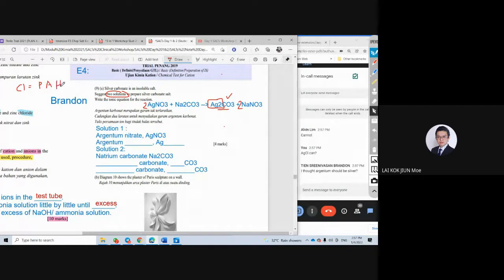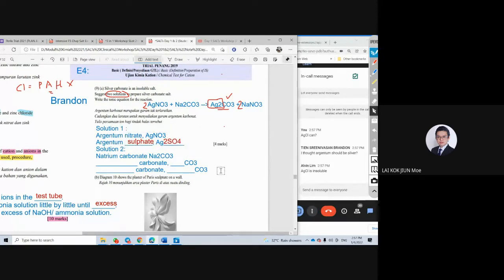Julie Park cannot. Not soluble. Okay. Ag chloride cannot. So you never use chloride. Be careful with this one. If I want to give you an example, you can use sulfate. Sulfate cannot, not soluble. Okay.